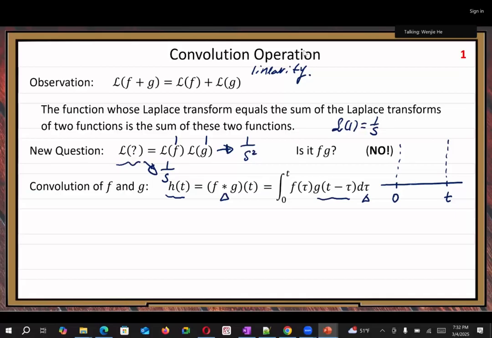Let's select one arbitrary point, the tau point, in this interval. Then the g function inside the parenthesis has t minus tau. Which point is t minus tau? This point.